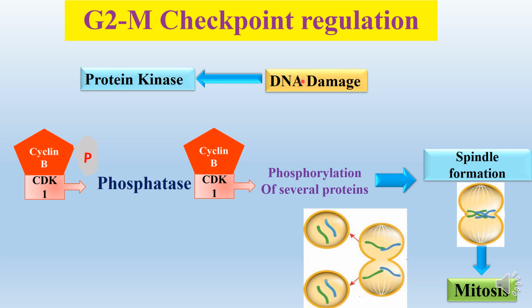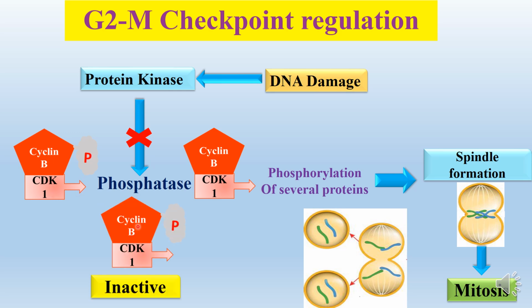When there is DNA damage, the protein kinase enzymes are activated due to this damage, and this will not allow the phosphatase enzyme to activate the cyclin B CDK complex. Because of this cyclin B CDK complex remains phosphorylated and so it is inactive.